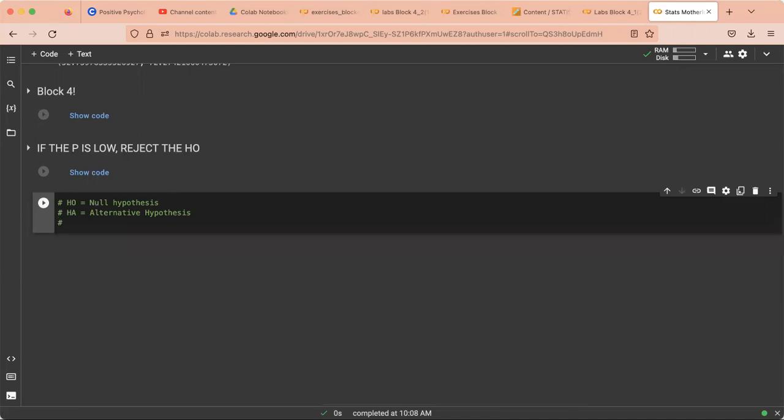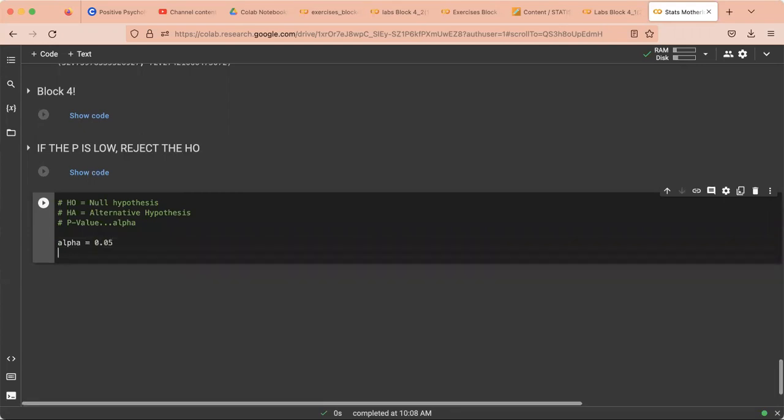So this all revolves around the p-value, which is the probability. If you see it here, you have your p-value and your alpha. So if say you have an alpha of 0.05 and your p-value is 0.03, the p is lower than the alpha value.